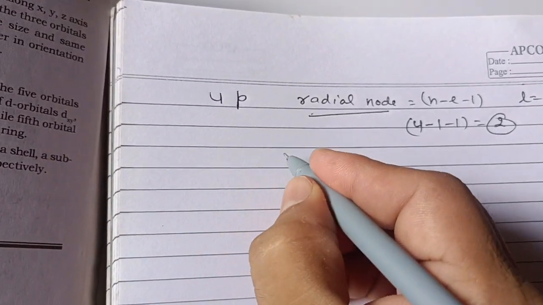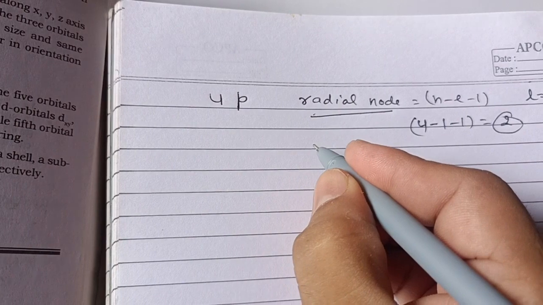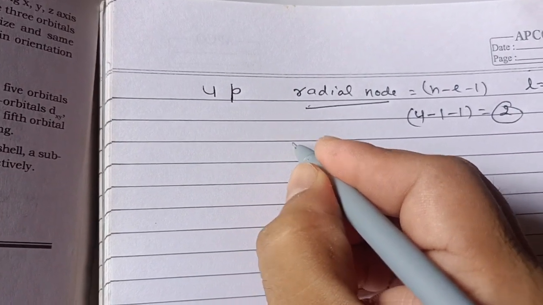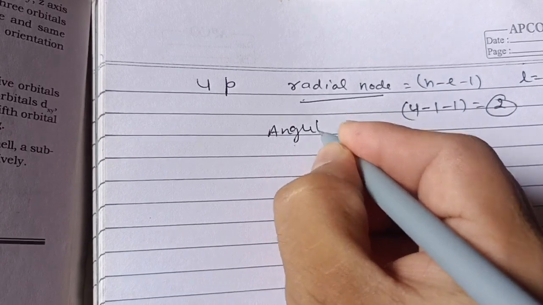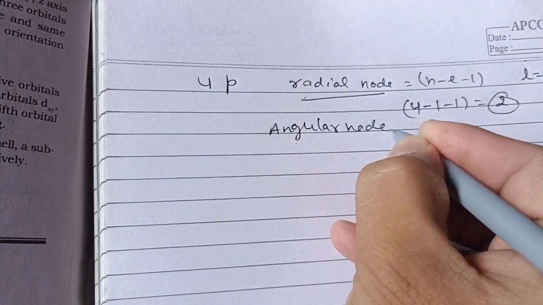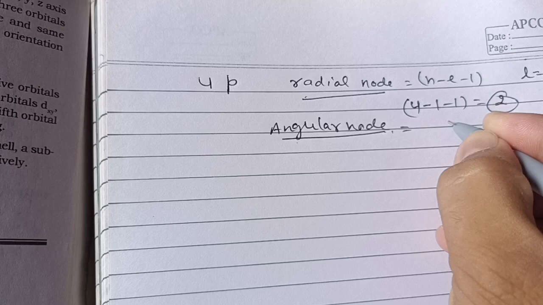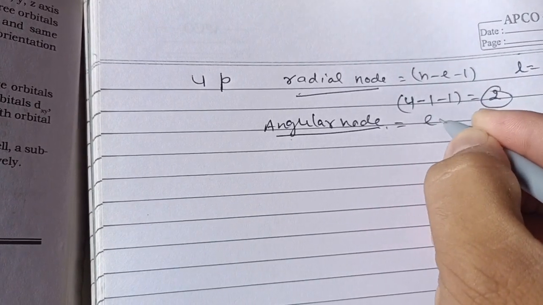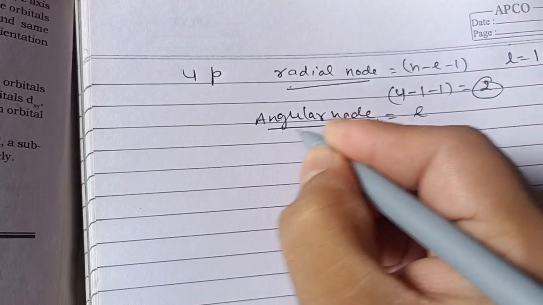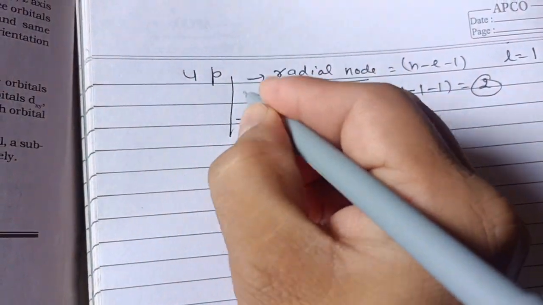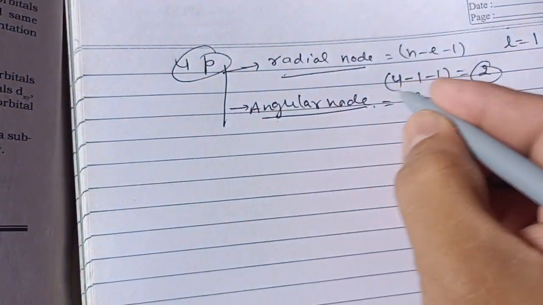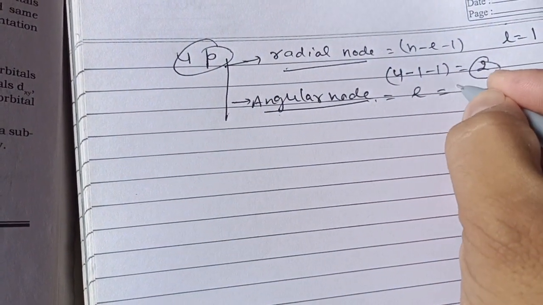In this way, for angular node, it is equal to l. So for 4p, angular node is 1, equal to 1.